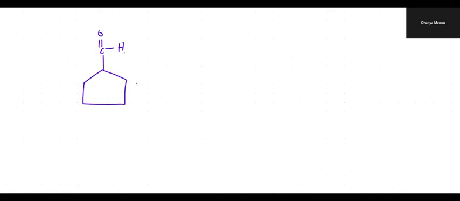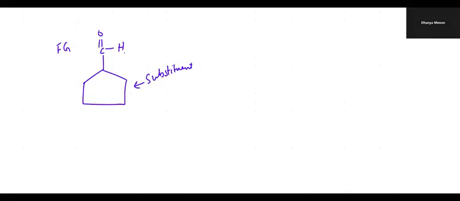So definitely this functional group will become the main chain. Okay, so this will become the substituent. We have done it before in the previous video, substituent. Okay, so what would be the name?